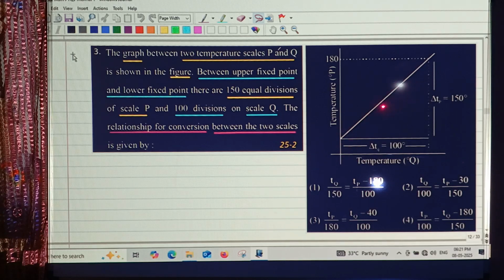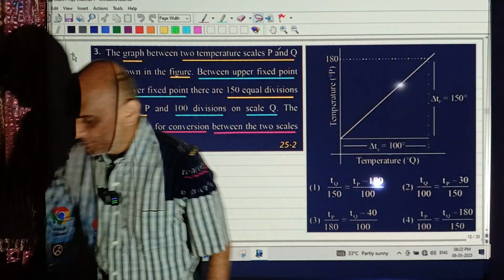The equation of this line is the relationship between these two variables on the y-axis and x-axis, which is the temperature according to scale P and temperature according to scale Q. You can pause and attempt this question. This is a straightforward question.